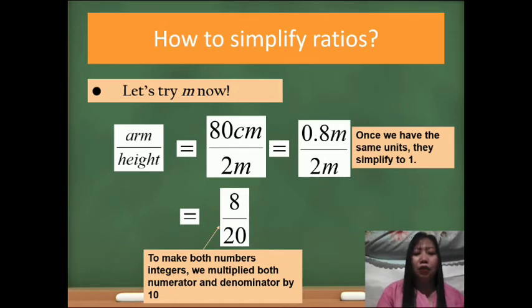The next thing we do is simplify 8 over 20. So we need to find the GCF. What is the GCF of 8 and 20? Yes, it is 4. So 8 divided by 4 and 20 divided by 4, the result is 2 over 5. So they have the same result.